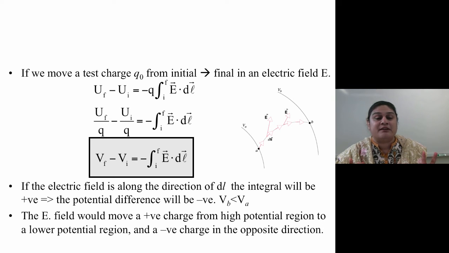Or, if you take the Q over to this side, it becomes U over Q final minus U over Q initial. So delta V, potential final minus potential initial, equals minus the integral from i to f of E dot dl.